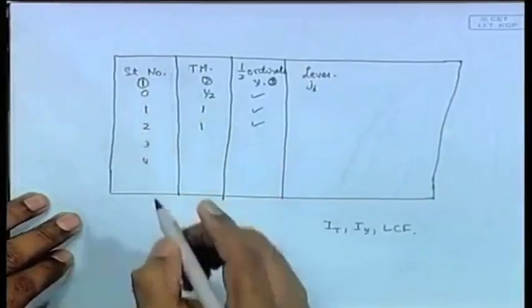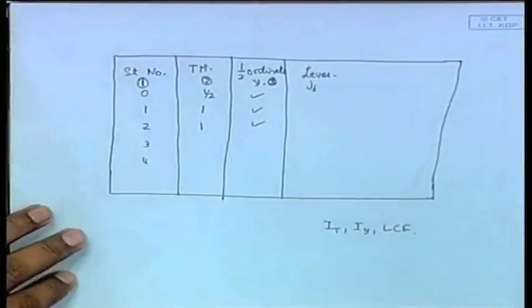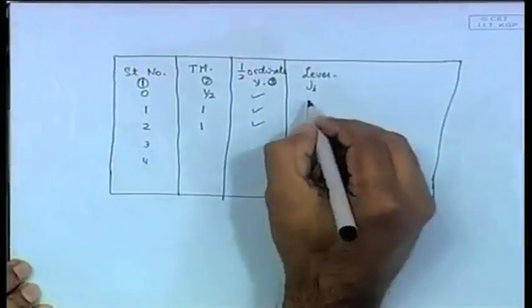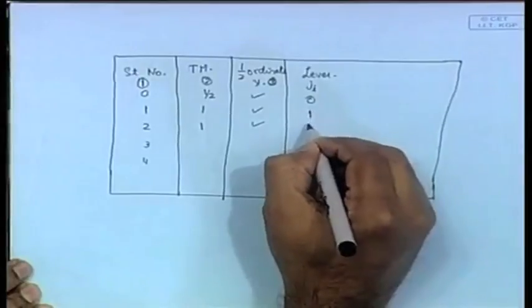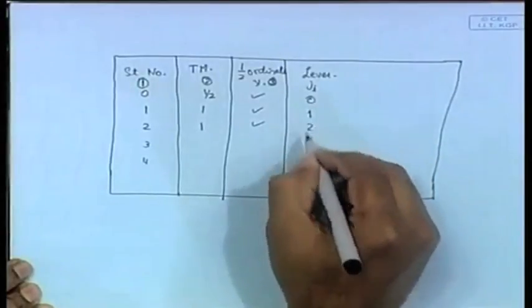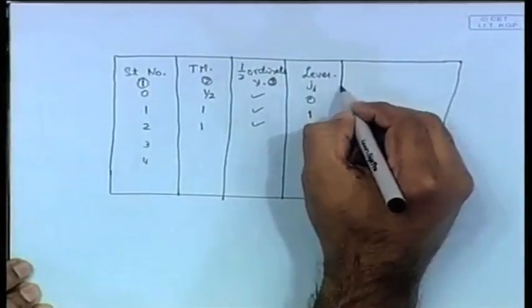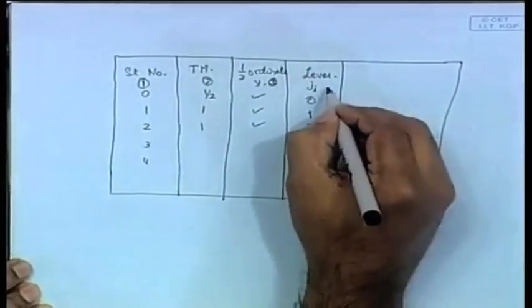Lever is actually the distance between stations, which is delta L. So, it goes like this: 1 delta L, 2 delta L, 3 delta L, 4 delta L. This delta L is taken outside and multiplied later, and lever is just 1, 2, 3. So, what we first do is the origin we call 0, 1, 2, 3, 4, and for different stations you are going to have different levers. That is one column, this we will call column 4.